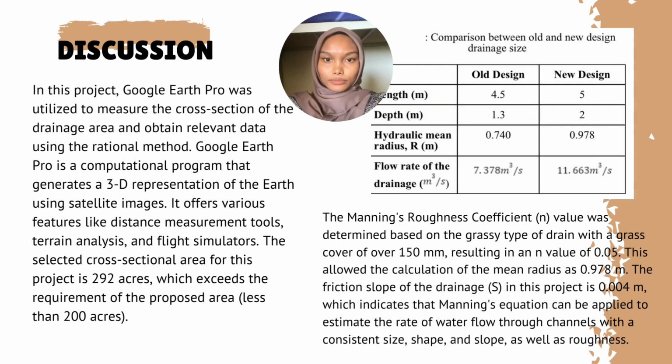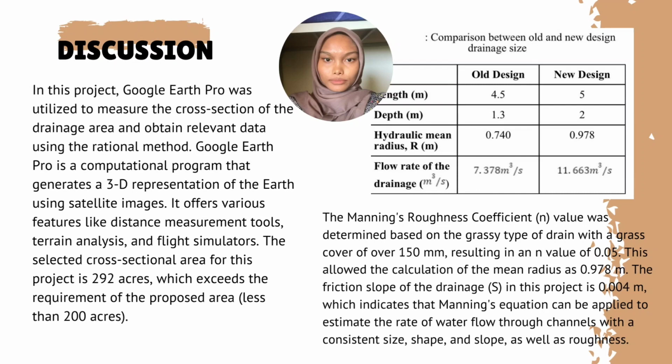The selected cross-section area for this project is 292 acres, which exceeds the requirement that the proposed area be less than 200 acres. The Manning roughness coefficient value is determined based on the grassy type of the drain with a grass cover of over 150 millimeters, resulting in a value of 0.05.